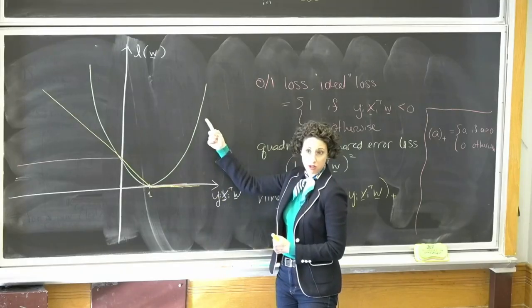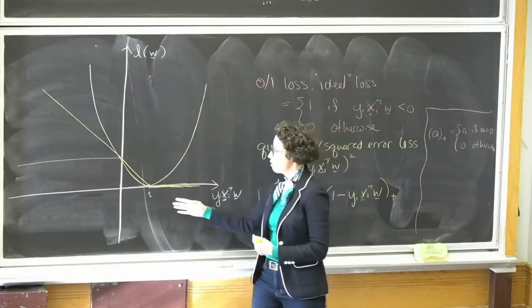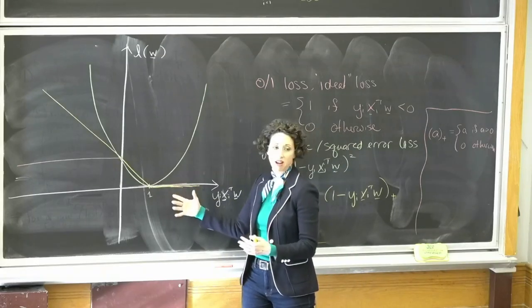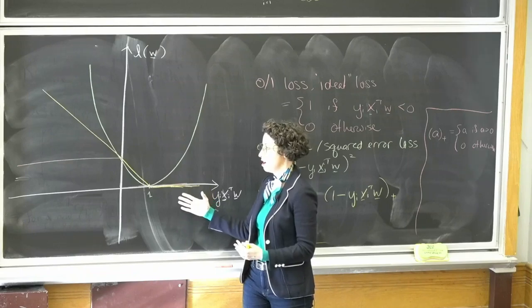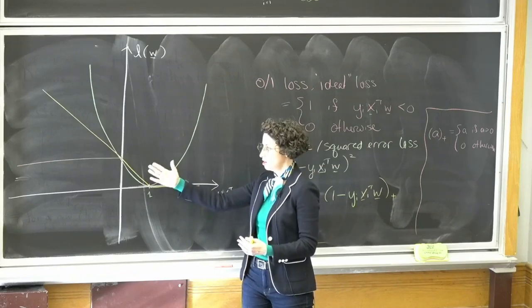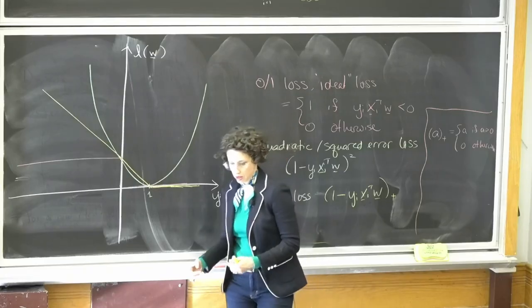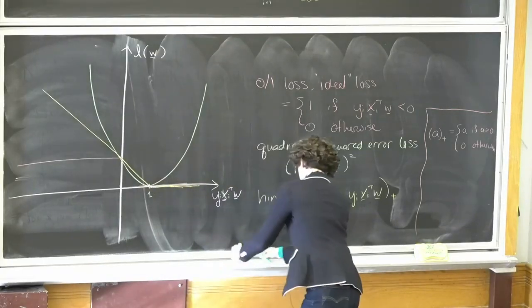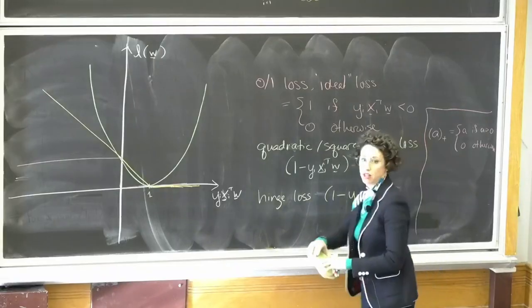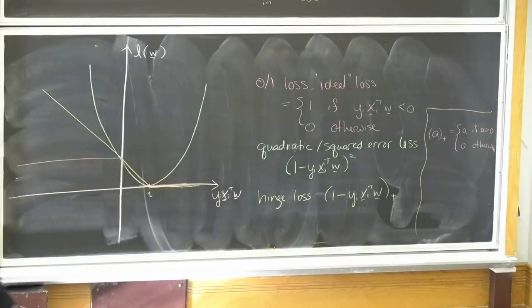So much better than squared error loss. And this is something now where we can compute derivatives and we can find minimizers of the hinge loss in a way that we cannot for the 0-1 ideal loss. So it kind of is designed to mimic the ideal loss, but in a way that allows us to do computation.